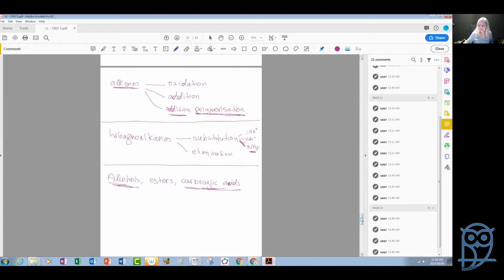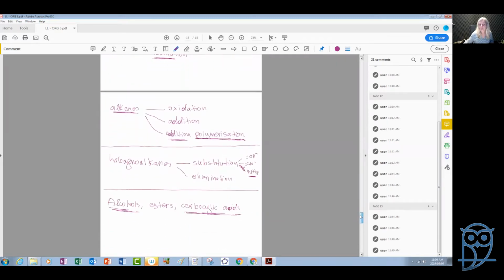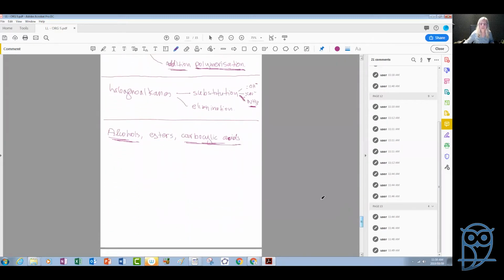But nevertheless, now alcohols. If we go back to this diagram again, we're going to discuss the alcohols that belong to this category here, the saturated organic compounds. And therefore, we are going to see that alcohols can undergo substitution reactions and elimination reactions, which we call dehydration, because in alcohols we remove one molecule of water, so it's a dehydration.